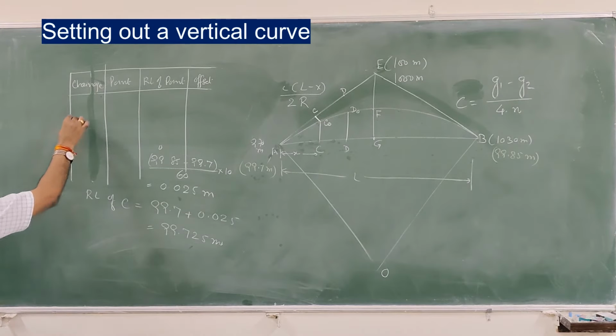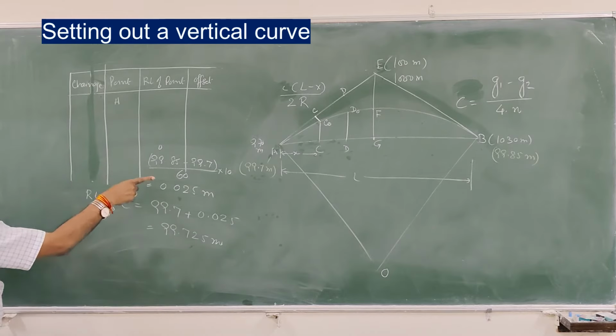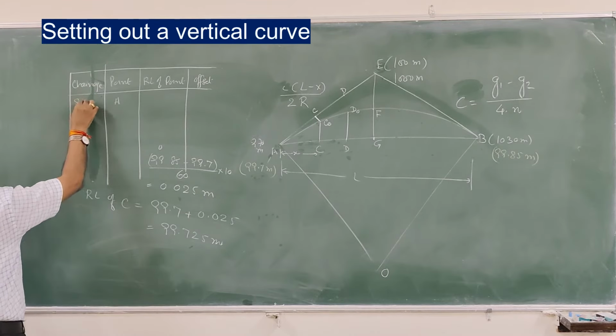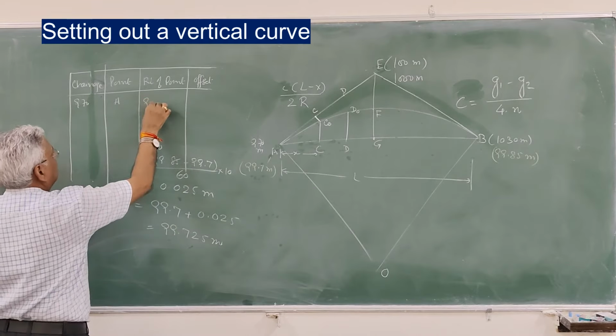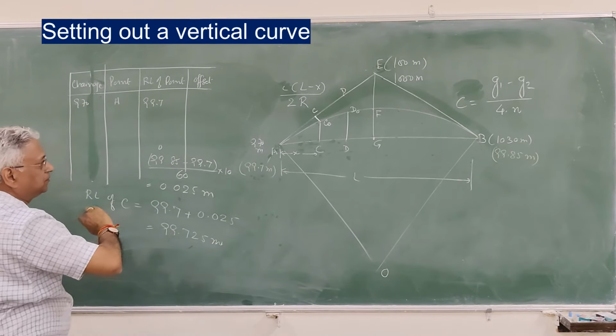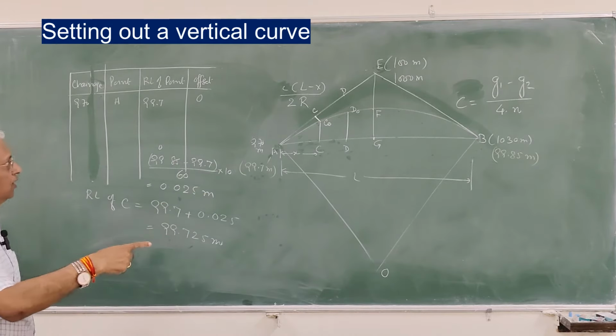So first point is A, its chainage is 970, RL of this point is 99.7 meter, offset for this is 0 because x is 0, that is the starting point.